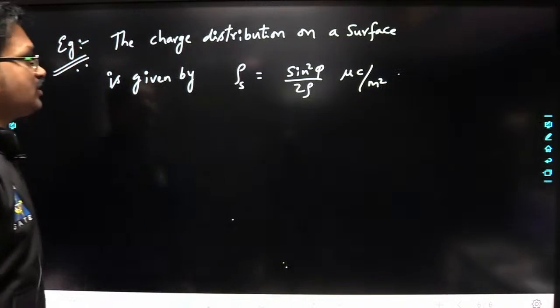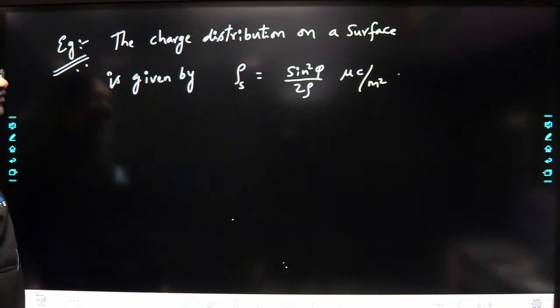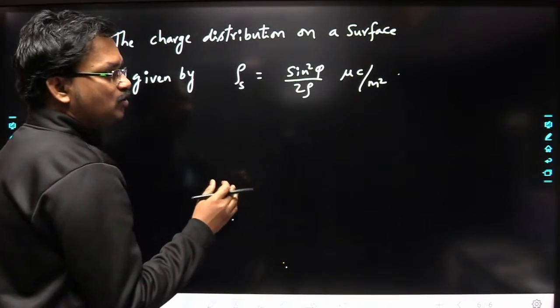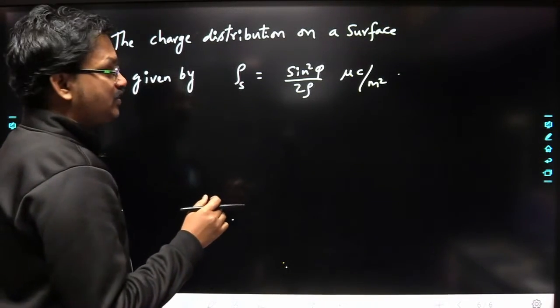So what they have given here, the charge distribution on a surface is given by rho s is equal to sin square phi by 2 rho microcoulomb per meter square.